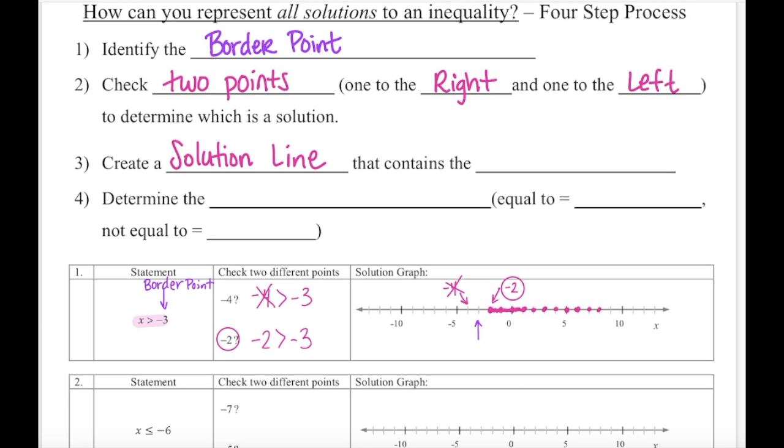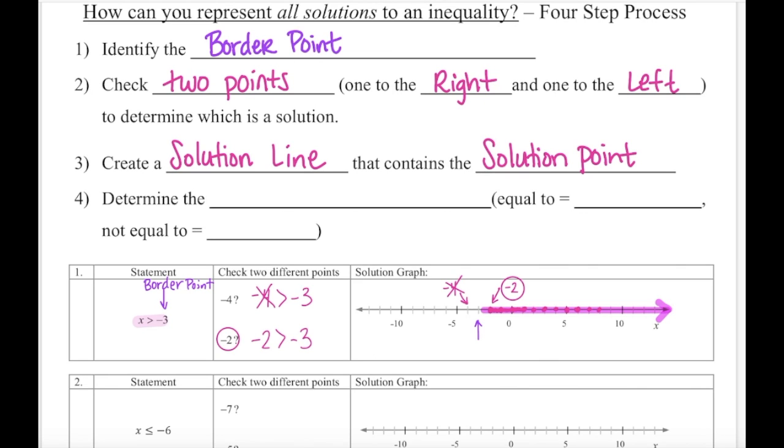We're going to create a solution line that contains the solution point from step 2. Here's how we do that. We start at the border point, and we draw a line all the way to the end of the number line with an arrow, because any number to the right of negative 3 will make this true.